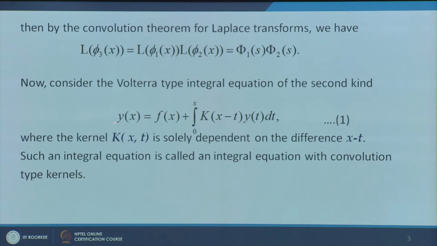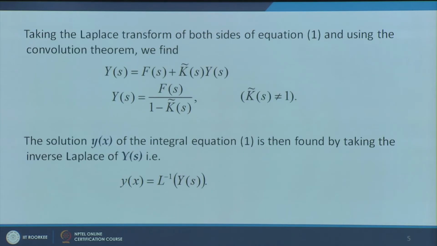The Laplace transform of y(x) will be y(s), which will be equal to the Laplace transform of f(x), which we have assumed as f(s), plus the Laplace transform of integral 0 to x k(x minus t) y(t) dt, which by the convolution theorem for Laplace transforms we can write as the product of the Laplace transforms of k and y. So y(s) equals f(s) plus k tilde(s) into y(s).